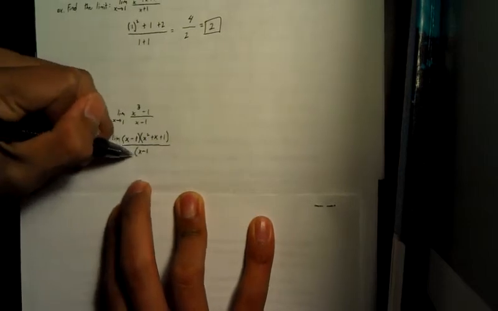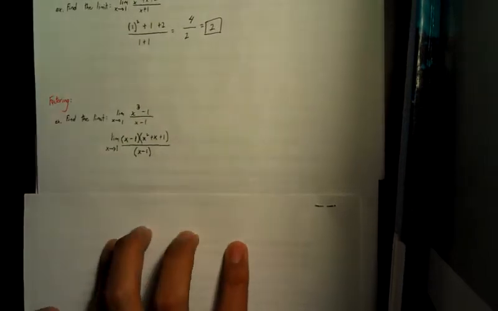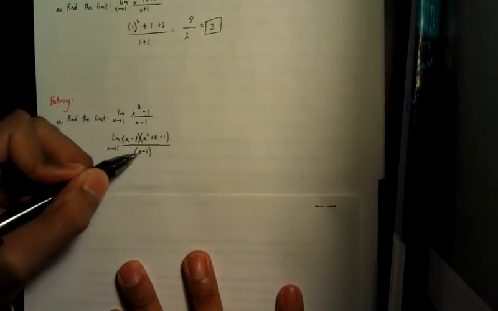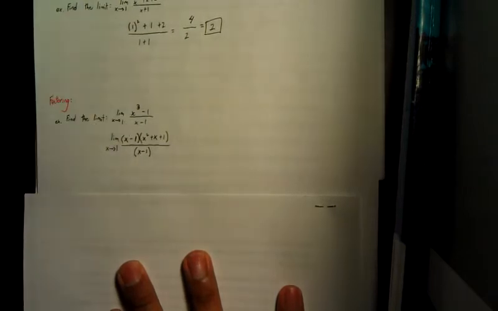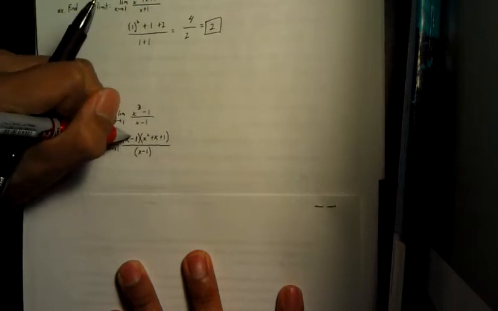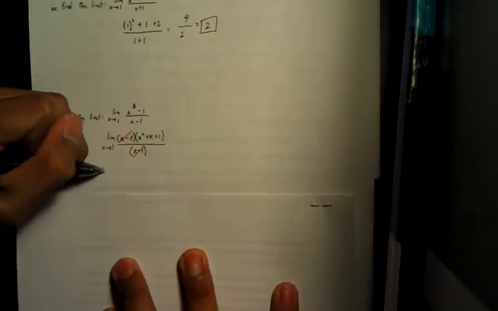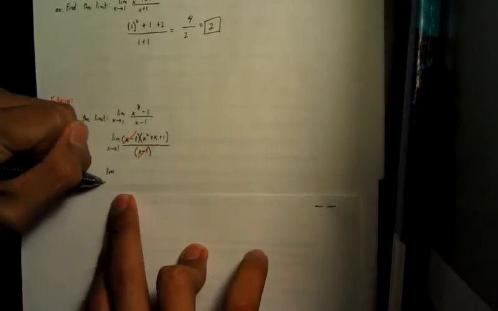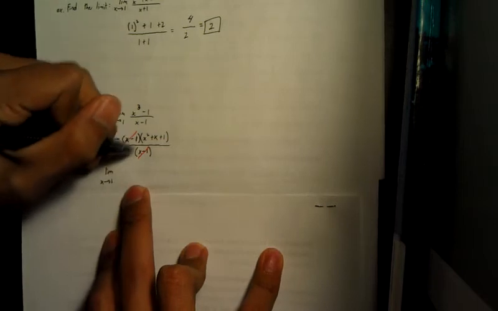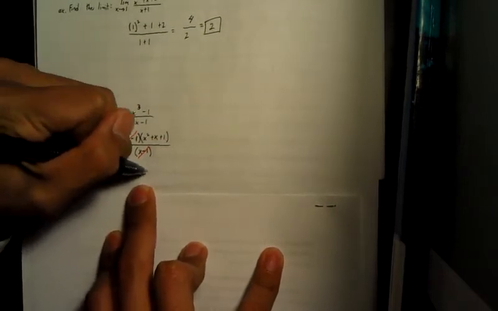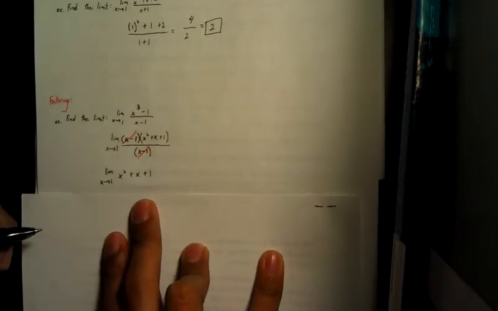I'm just going to put this in parentheses so that it's easier to see. From here, you can see that the x minus 1s can cancel out of the numerator and the denominator, which leaves you with the limit as x approaches 1 of x squared plus x plus 1.